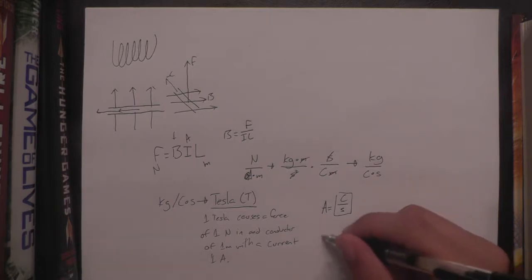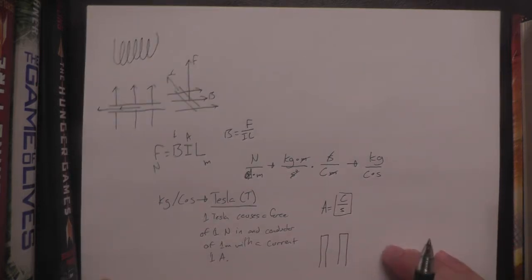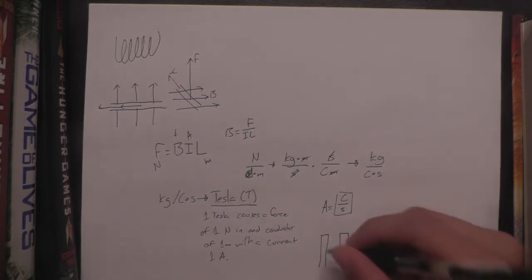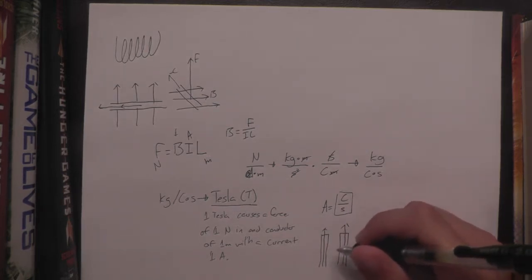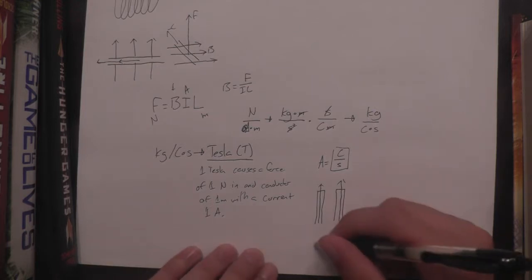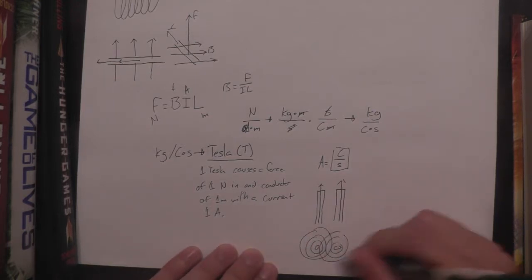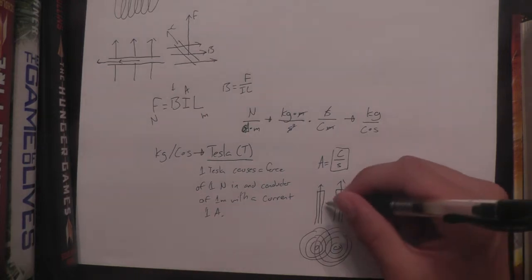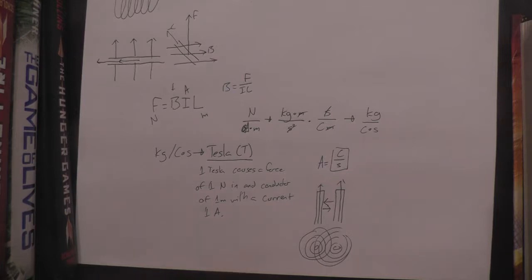Think about if you have 2 conductors with current in them, right? The currents are going the same way, the currents are equal magnitude. If you were to look at it from above, the field goes out in circles, goes out the same way in circles, right? And you get an equal force going towards either one, right?